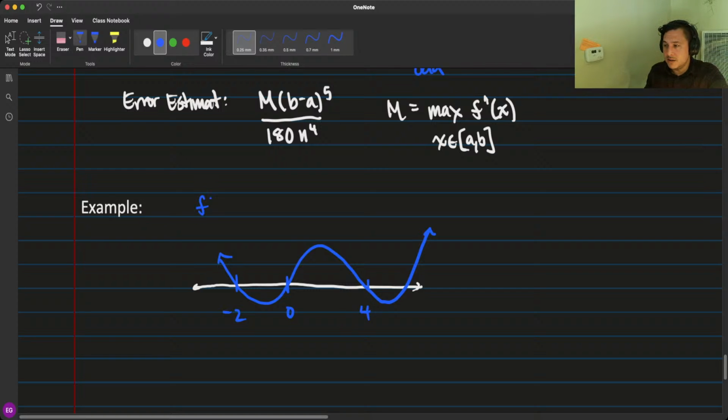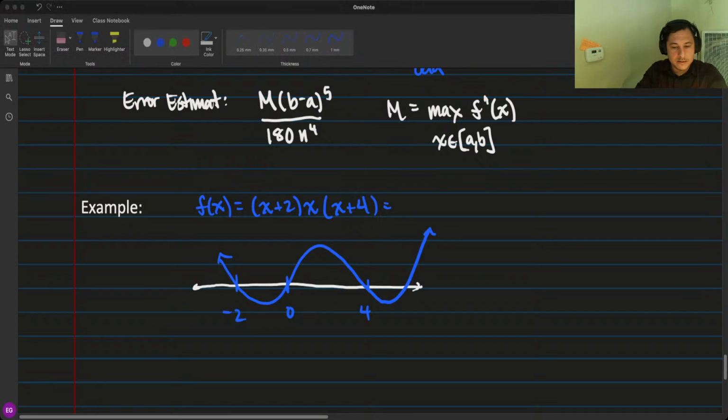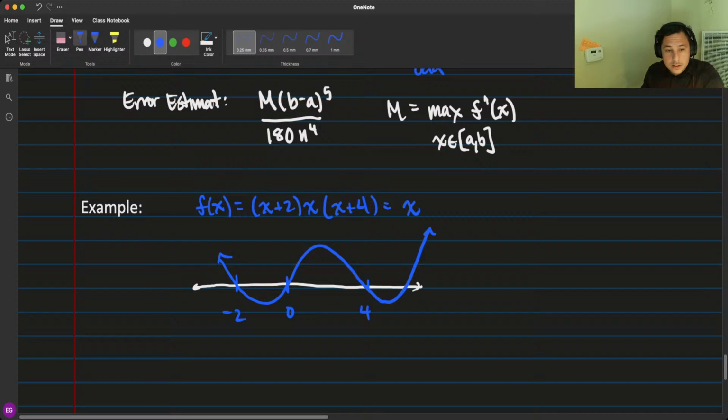So our function is f of x equals (x plus 2) times x times (x minus 4), which if you multiply that out, is x cubed minus 2x squared minus 8x.